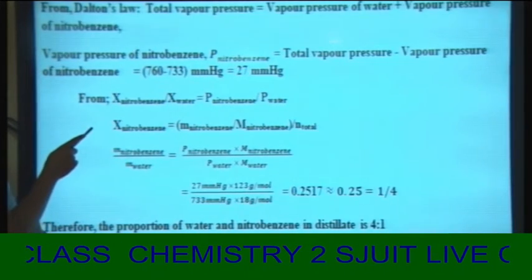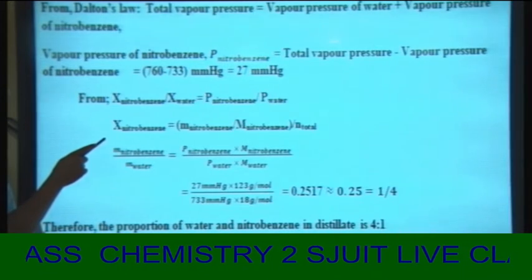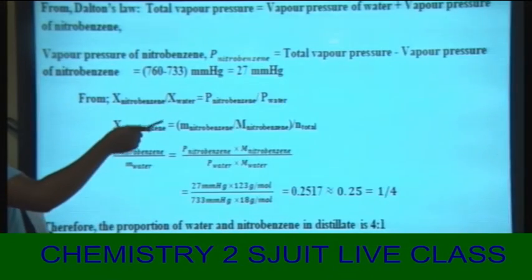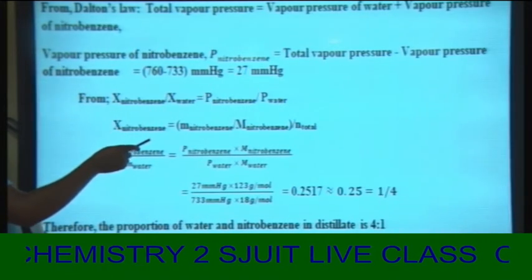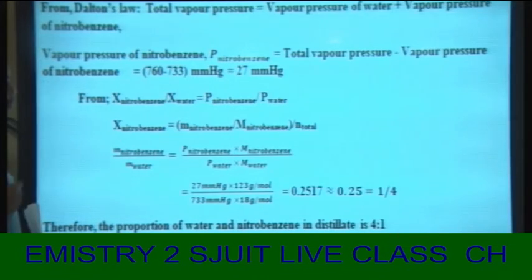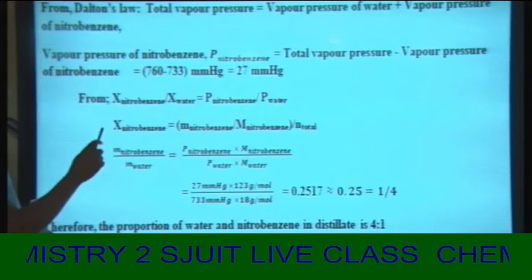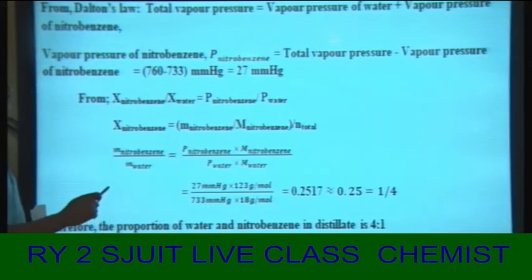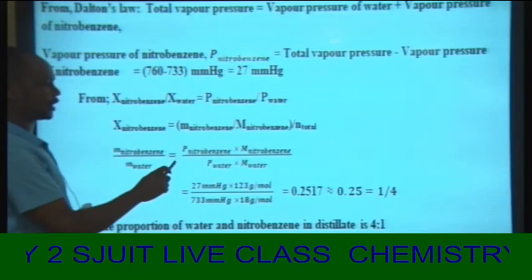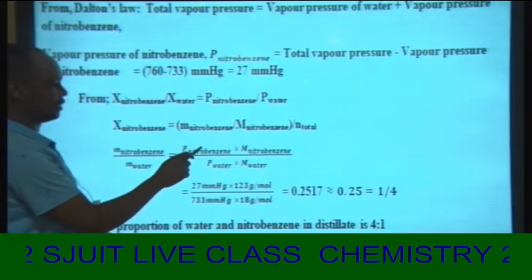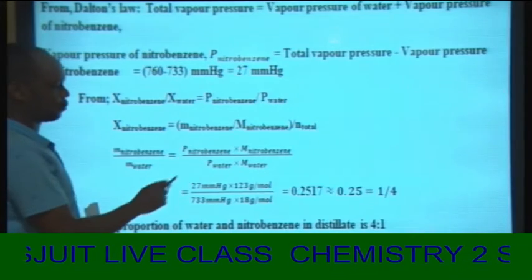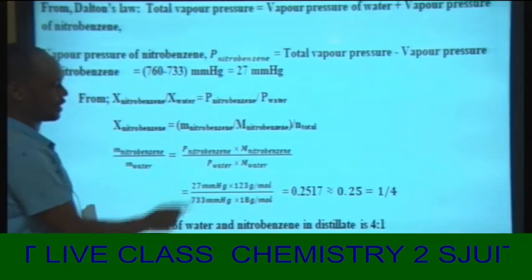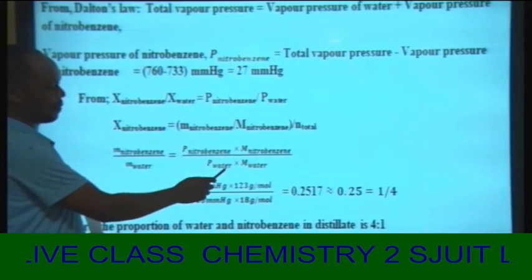Mole fraction of nitrobenzene divided by mole fraction of water is equal to vapor pressure of nitrobenzene divided by vapor pressure of water. It can be expanded further to mass of nitrobenzene divided by mass of water, equal to vapor pressure of nitrobenzene times molar mass of nitrobenzene, divided by vapor pressure of water times molar mass of water.